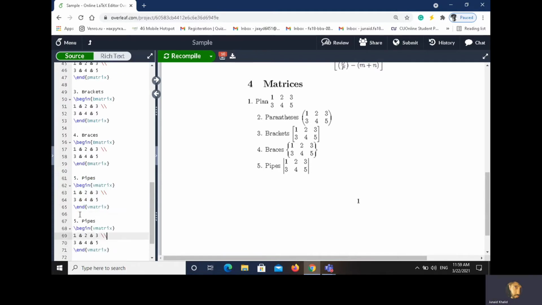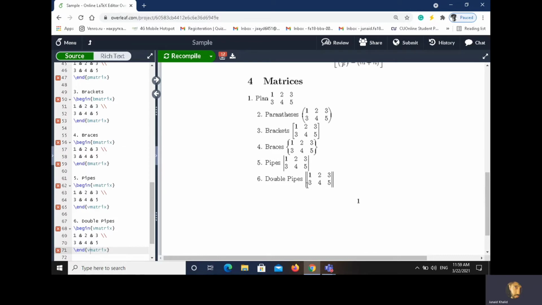And the last one is double pipes, number 6, and small v will be replaced with capital V, and in the end section as well. Compile. So here it is, double pipes matrix.